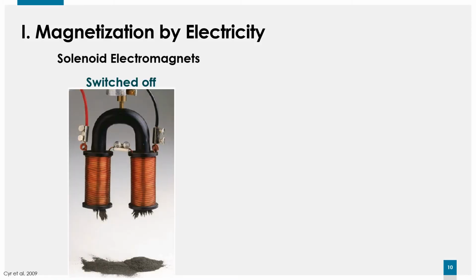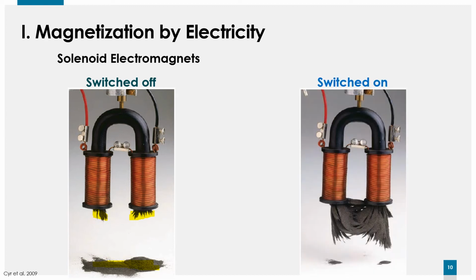So here is an example. If I have a switched-off solenoid, there is some magnetization here that is attracting this, let's say iron, I don't know what this substance is, but there is some magnetization and it's attracting, okay? But see what happens when I switch on. I just put electricity here.